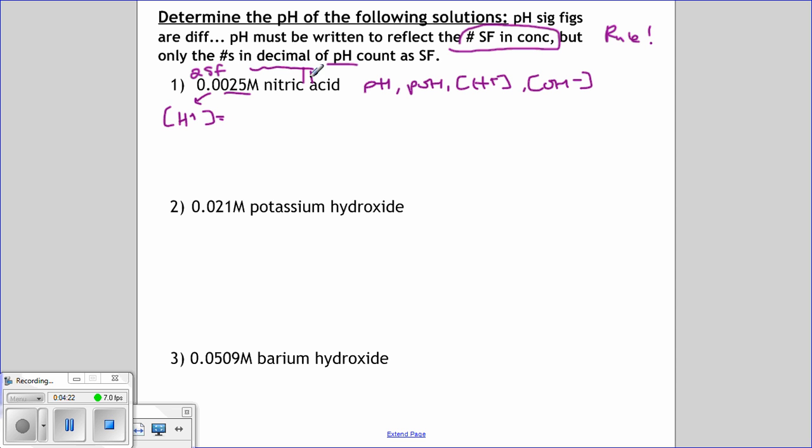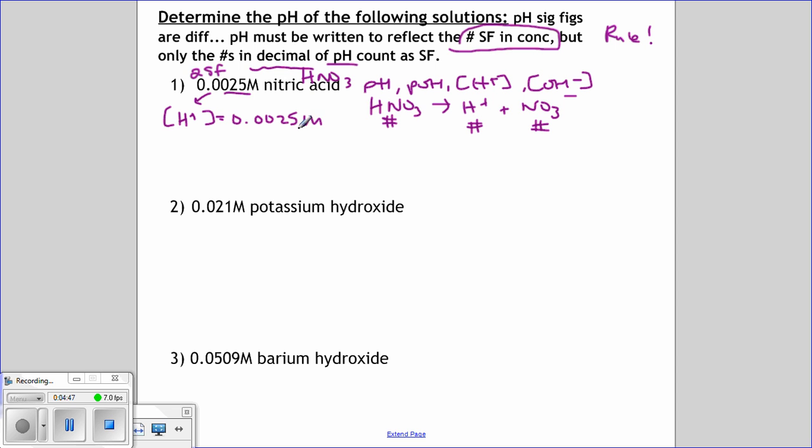You automatically say, okay, this is HNO3, that's a strong acid, therefore the concentration of H+ will be 0.0025 molar. Just a little background, HNO3 will ionize 100% to H+ and NO3-. So whatever you had number-wise here, you also have number-wise as H+ and NO3-.